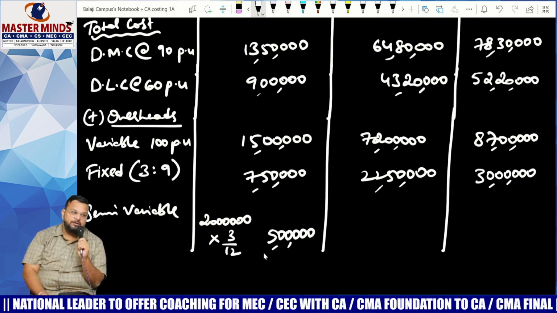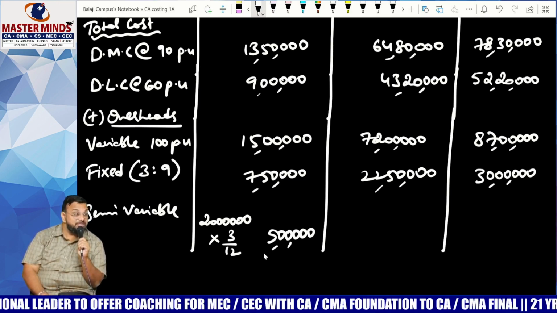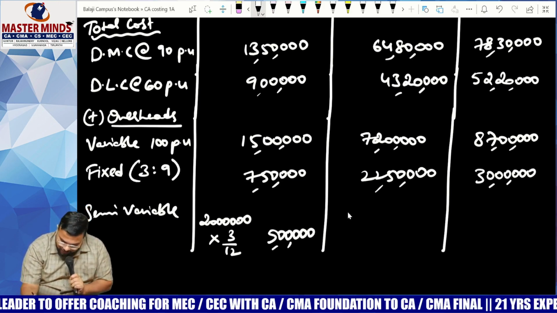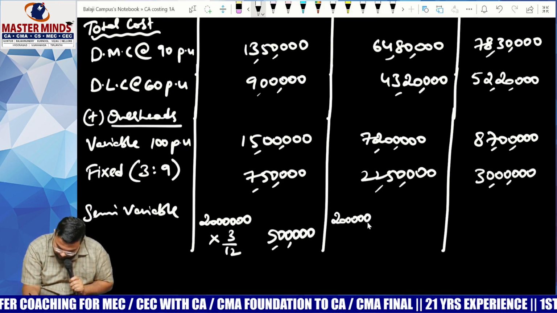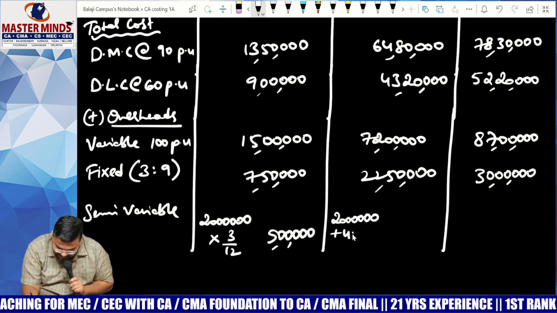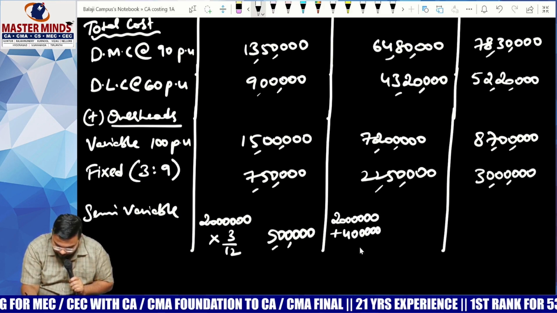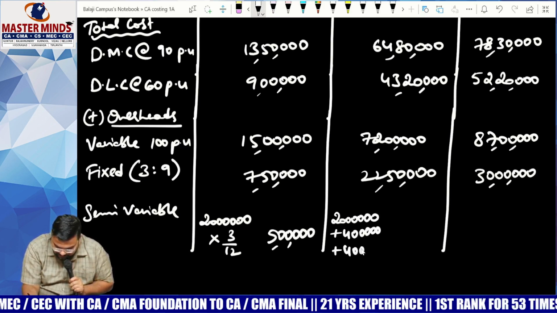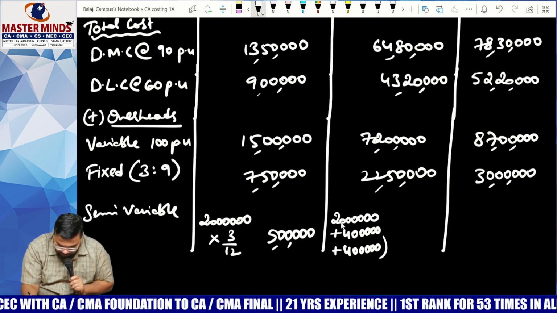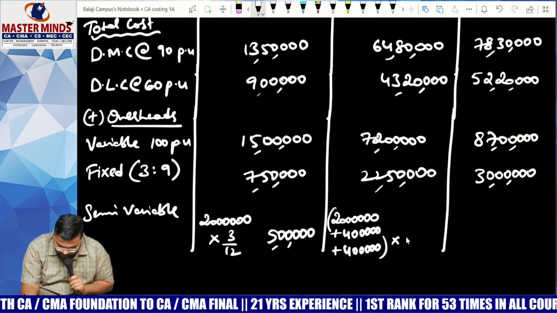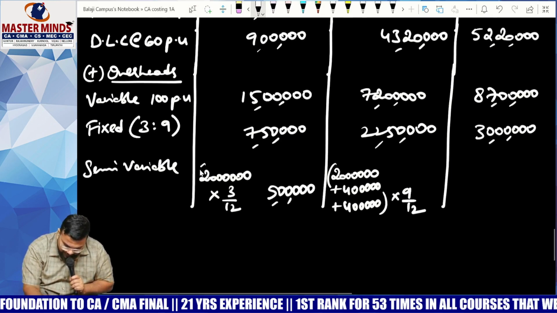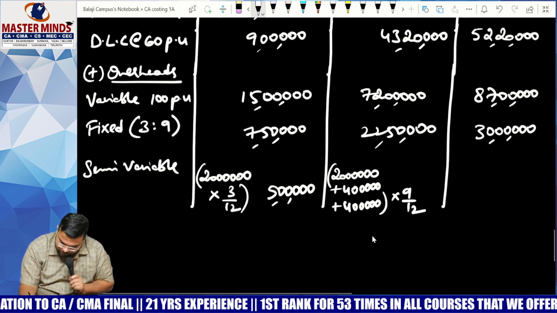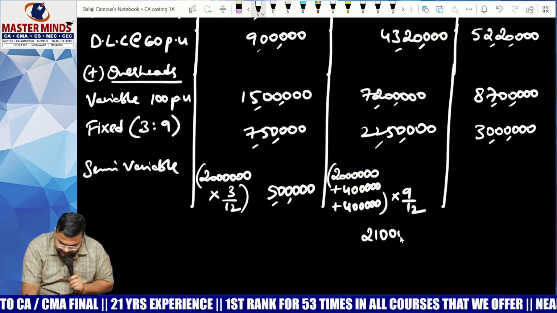Whether it is 5, 10, 25, Nana, you will be charging. So basically what it will be, Nana, 20 lakhs plus 4 lakhs into 9 by 12. How much will you get? 21 lakhs, Nana. So it will be 21 lakhs.